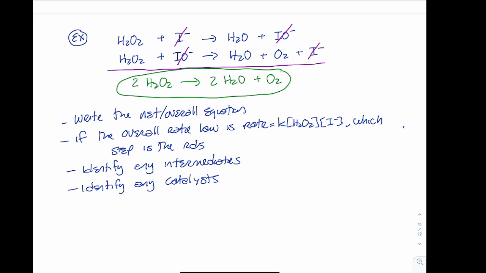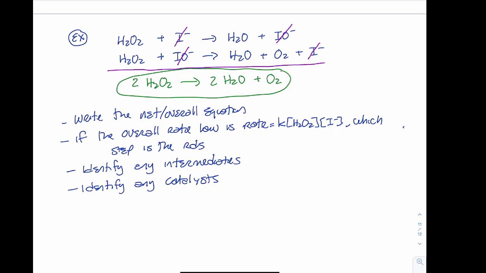If we were to write our rate laws for the individual steps in a mechanism, rate equals K times the concentration of the reactants raised to a power equal to the coefficient. And again, remember that's only for elementary steps. And then we had that one little stipulation that if the first step in the mechanism was the rate determining step, then our overall rate law is the same as the rate law for that first step. And again, that only works for the first step.